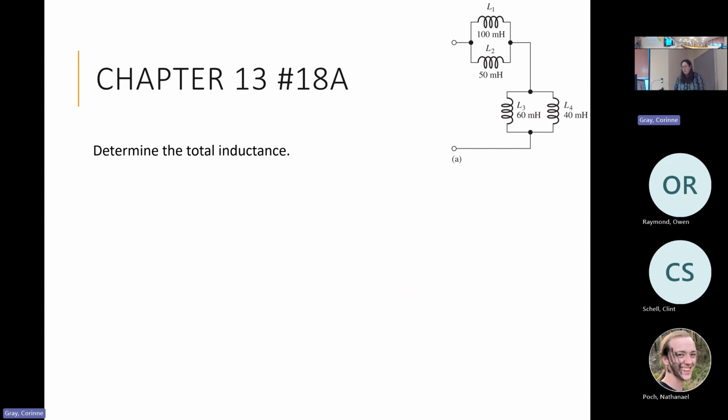All right, so what would we do here for 18A to find LT? How do you know L1 and L2 are in parallel? Picture.